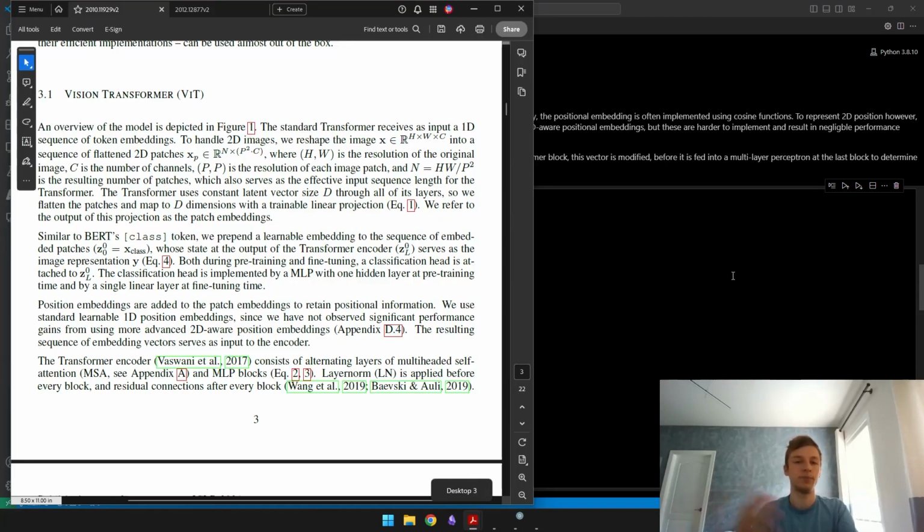Now, if we think back to transformers for language tasks, after we embed the text from tokens into vectors, another thing we want is to encode the position of each token.